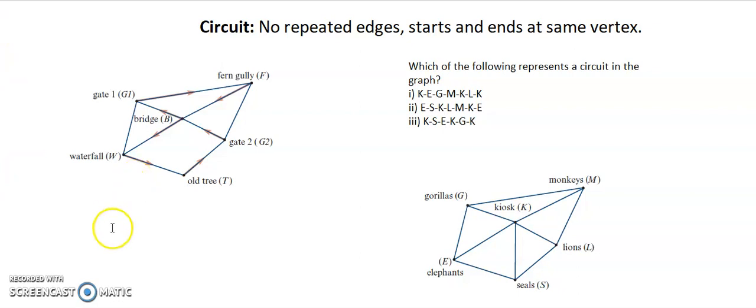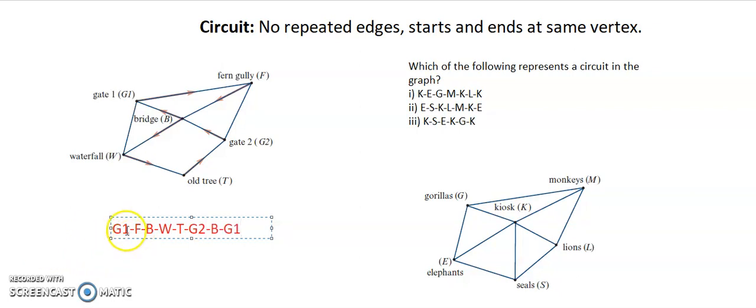This says we are starting at gate 1. We are then going to the Fern Gully, F. We are going down to B, the bridge, going to the waterfall, going to the old tree, back up to gate 2, back to the bridge, and to gate 1.